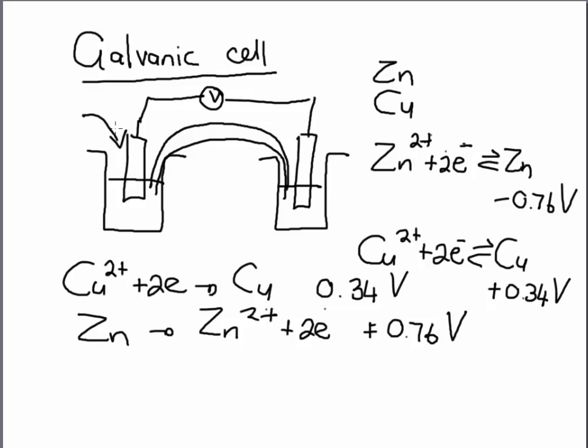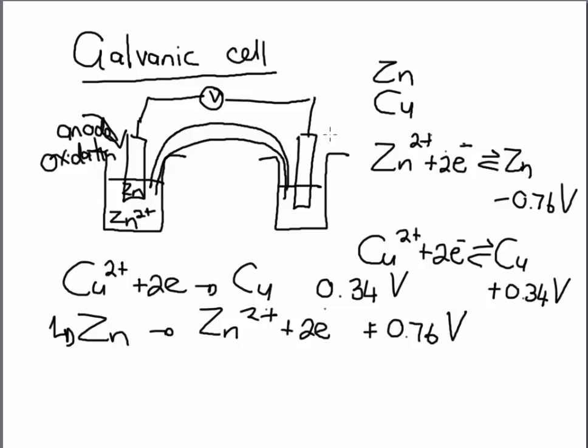Now if we look at the setup of this galvanic cell, let's go and focus on our oxidation half cell. Very important that you pay attention, because there's a very big difference between galvanic cells and electrolytic cells. If this is the anode, we know that oxidation always occurs at the anode. The half reaction for oxidation is this zinc reaction. It means that this electrode will be made of zinc, and it will go through oxidation, and we will see the formation of Zn2+ ions.